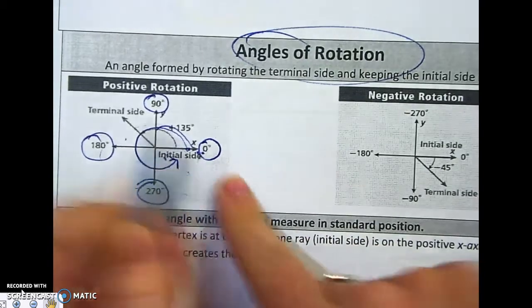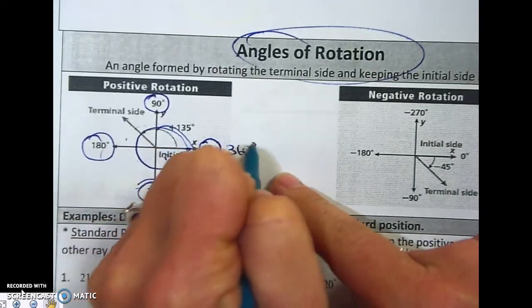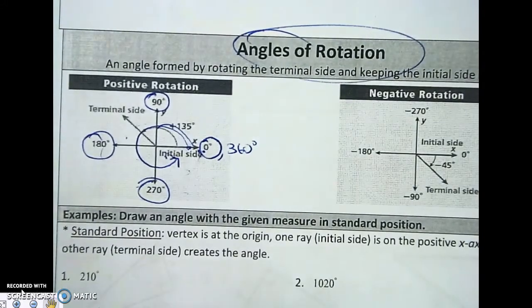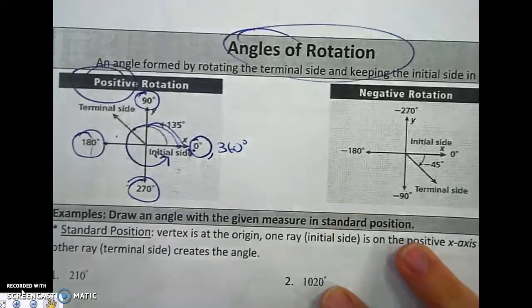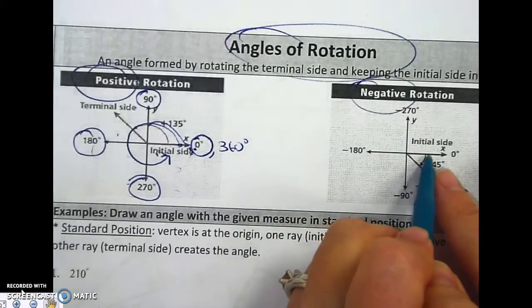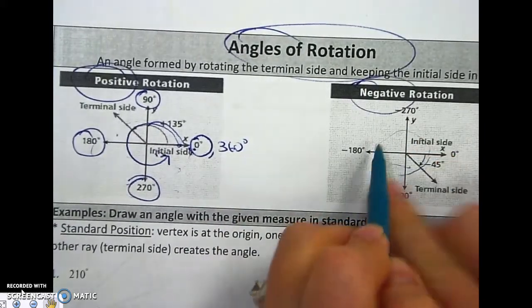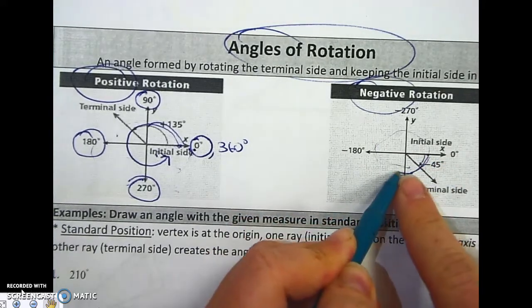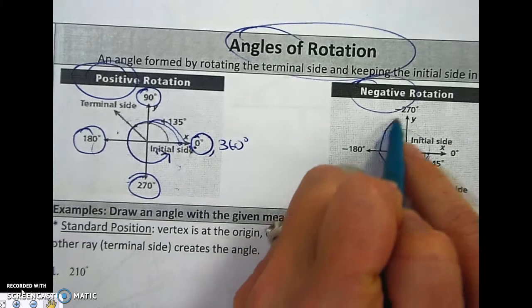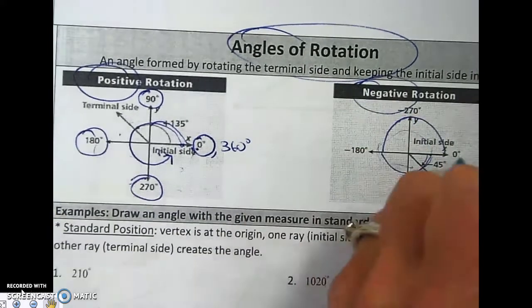And you keep going, and technically you're at 360 also, because a circle is 360 degrees. That's positive rotation, okay? But if you go a negative rotation, instead of going the positive way, you're going to go the opposite way. So negative 90, negative 180, negative 270, negative 360.